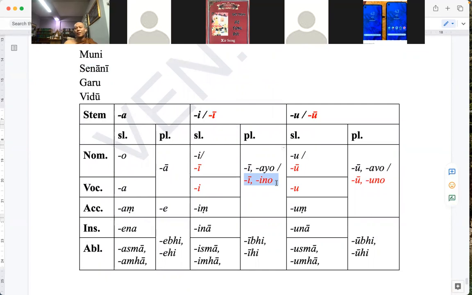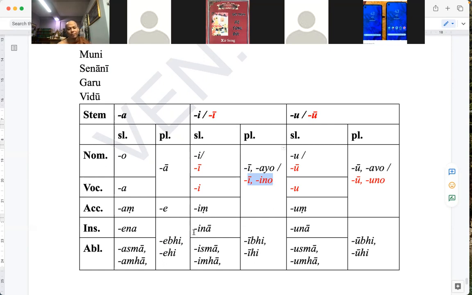Senanino. Accusative, Senanim. Senani, Senanino.